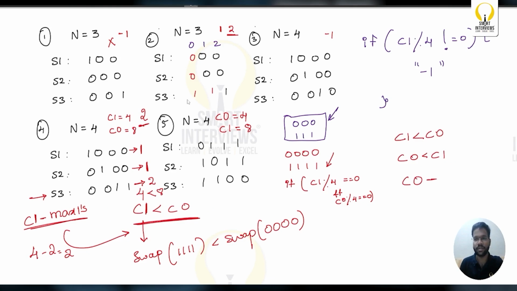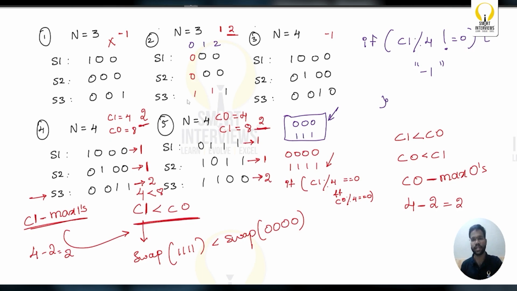It's C0 minus maximum zeros in the string. Here the max zeros are 1, here the max zeros are 1, here the zeros are 2. So the maximum zeros in a single string is 2. So I'll simply print the count of zeros, which is 4 minus 2, which is 2 again. So here the minimum number of operations taken is 2.